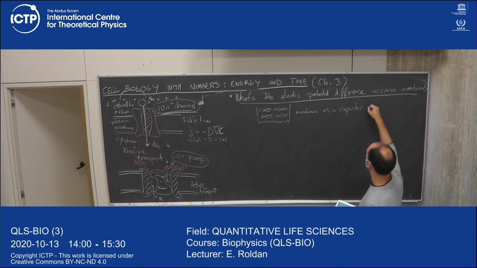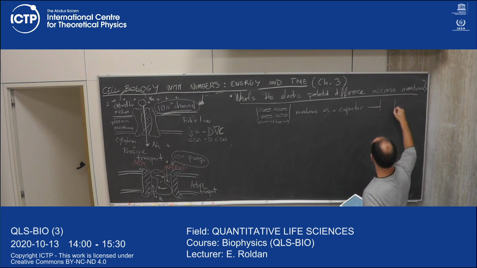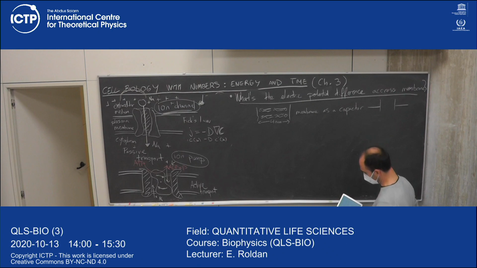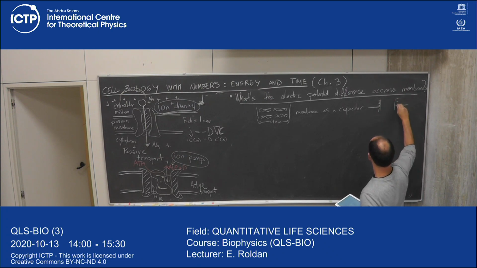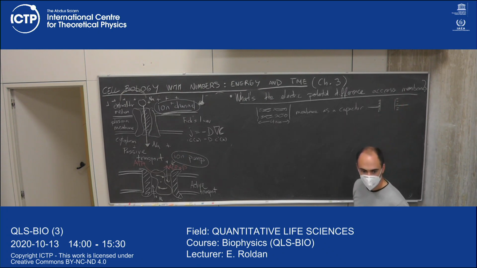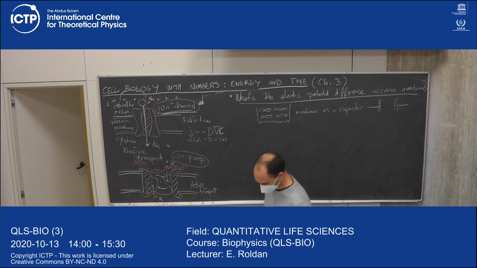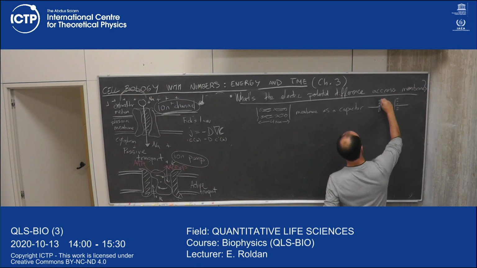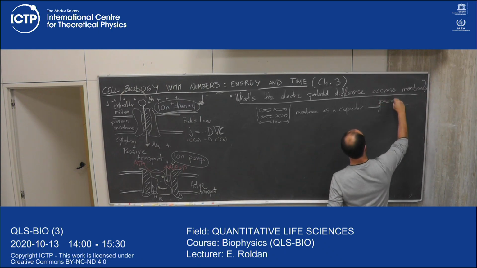A capacitor was something like this, which has an excess of positive charge on one side and an excess of negative charge on the other side. You remember this from your physics lectures. So now I'm going to think about a capacitor which has the size of a biological membrane.